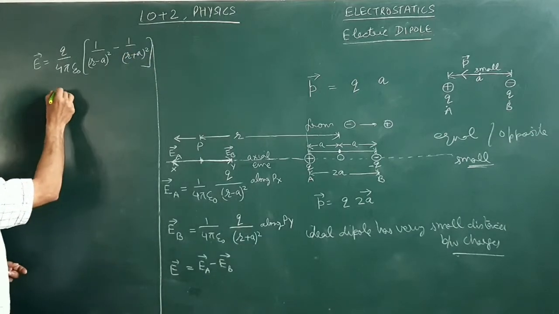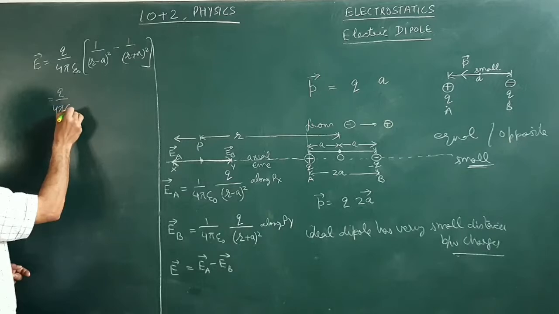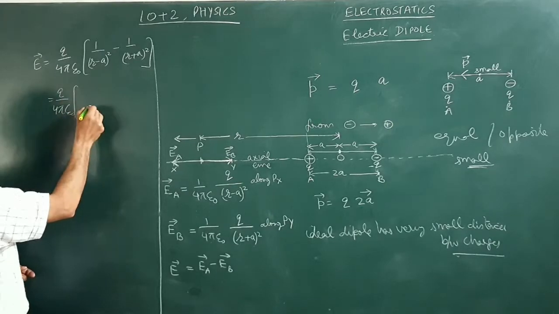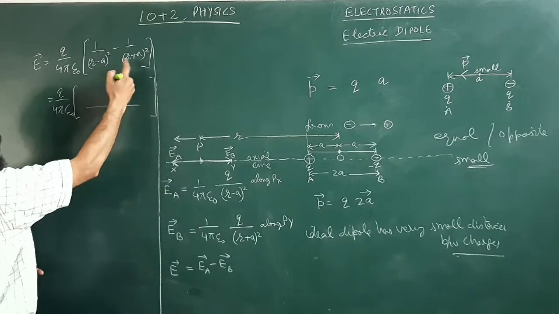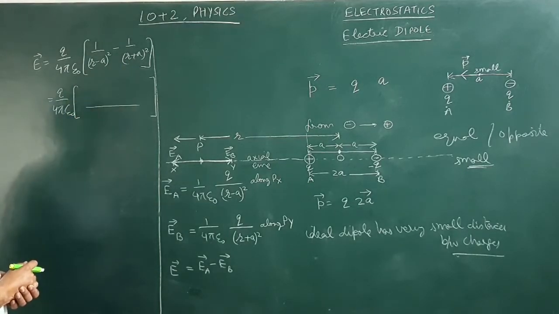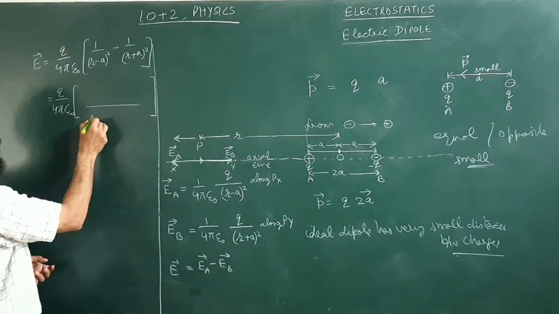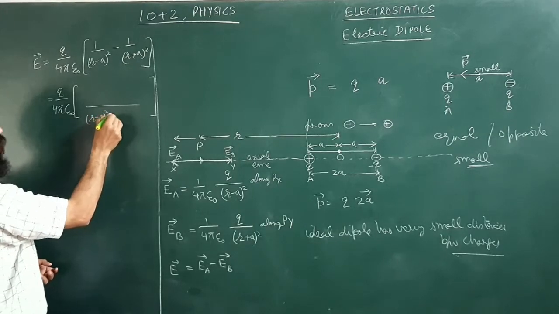Now let us calculate. So Q upon 4 pi epsilon naught comes out of the brackets. What will be the LCM of these two terms? It will be the multiplication of these two terms simply.